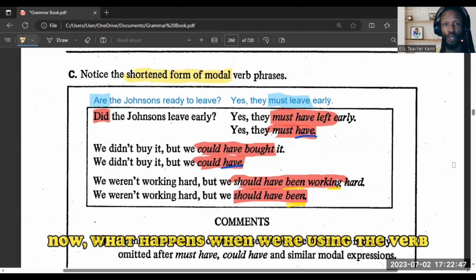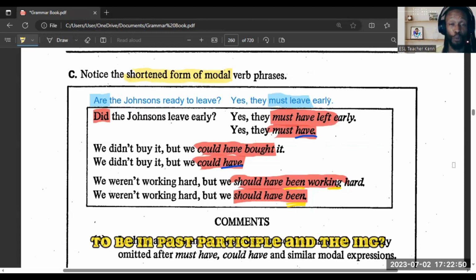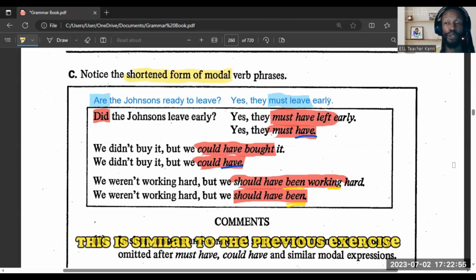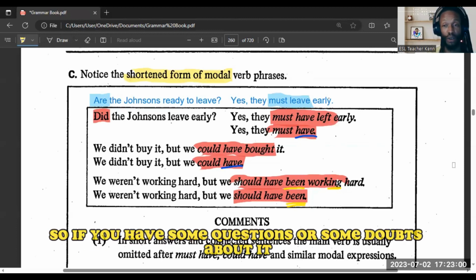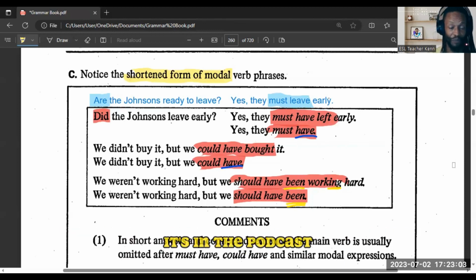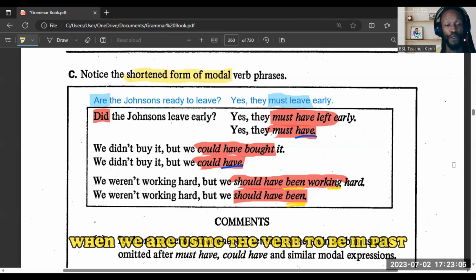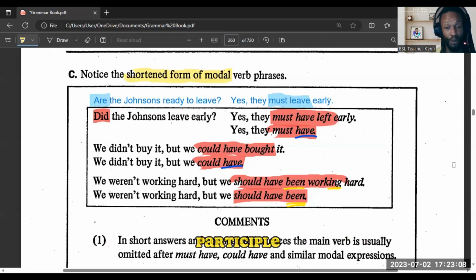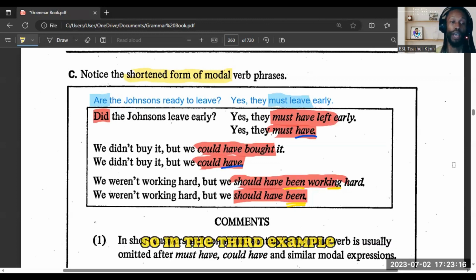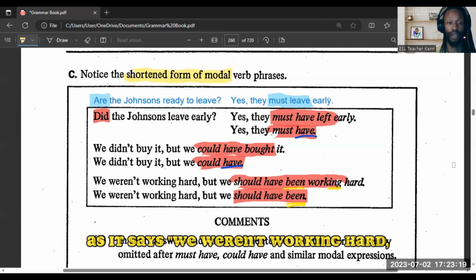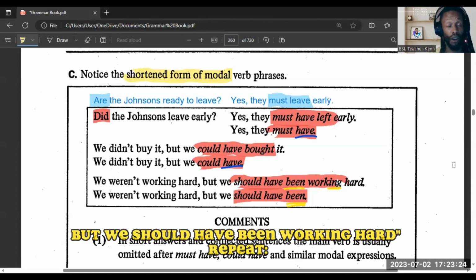Now, what happens when we're using the verb to be in past participle and the ing? This is similar to the previous exercise that we practiced on the advanced level. So if you have some questions or some doubts about it, go ahead and check it out. It's in the podcast. When we are using the verb to be in past participle and the ing, the shortened form finishes with been. So, in the third example, it says, we weren't working hard, but we should have been working hard.